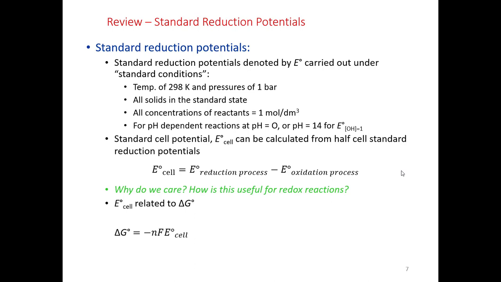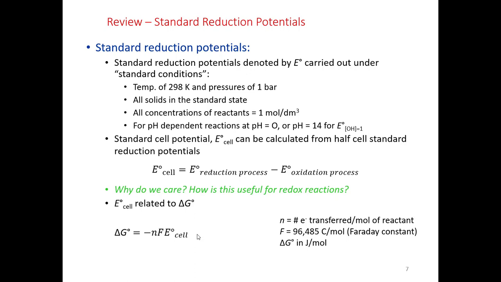If we think of them this way, then we can use standard reduction potentials to determine the delta G of the reaction, because delta G is related to the standard cell potential of a redox reaction by the equation shown right here. In this equation, N equals the number of electrons transferred per mole of reactant, F is Faraday's constant, and the free energy, or delta G, of the reaction is in joules per mole.